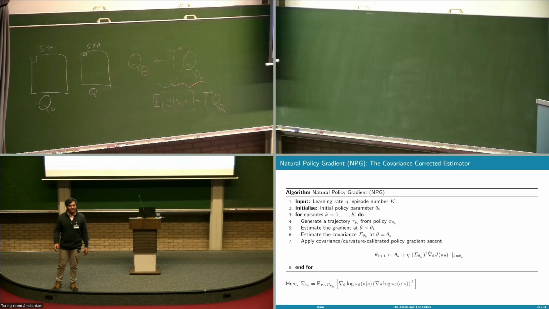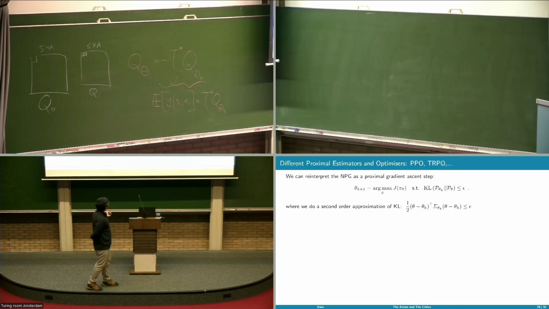So basically this is a way of saying that rather than just using the first order information, you use the second order one, or the curvature, and you keep on going, right? And maybe that's why natural policy gradient is called natural, I don't know.